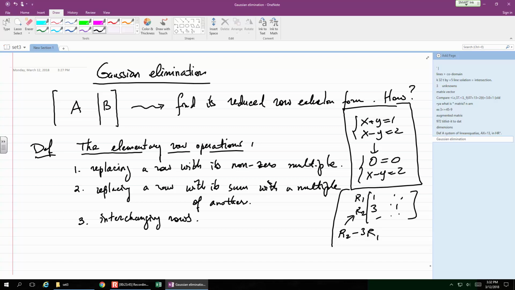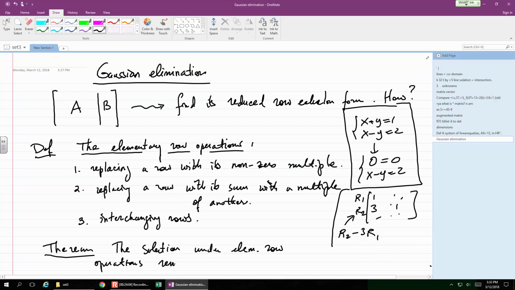Okay, so then the theorem, as I alluded to: the solution set under elementary row operations remains the same.